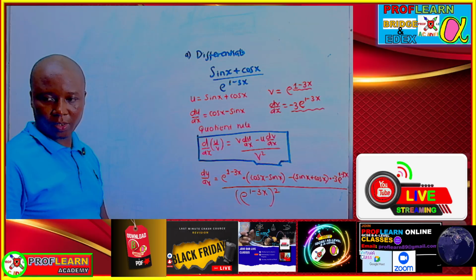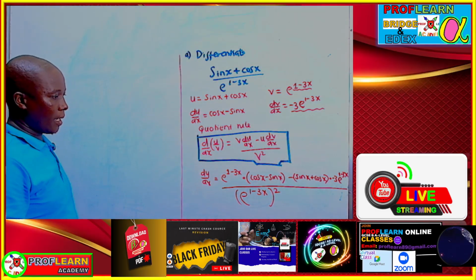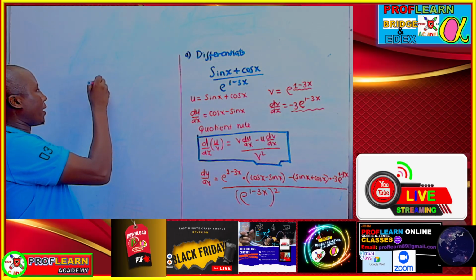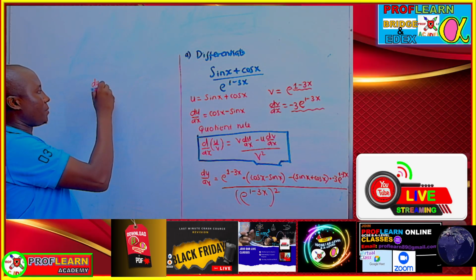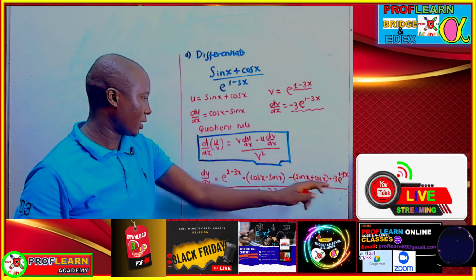Of course, you can decide to have your expression that way, but still we can do it much better. We can simplify that expression further by saying that dy/dx can be written as this expression. We are going to factor out the exponent.